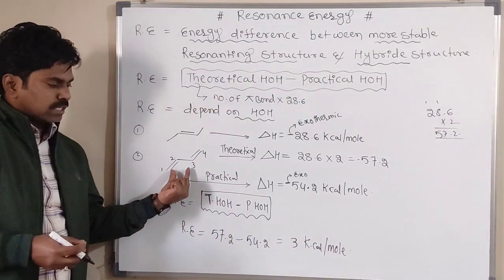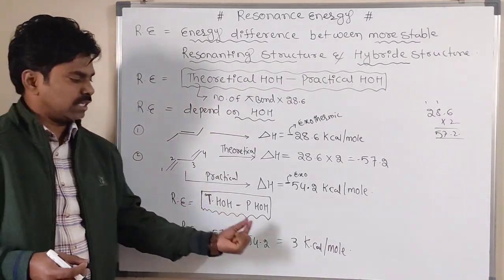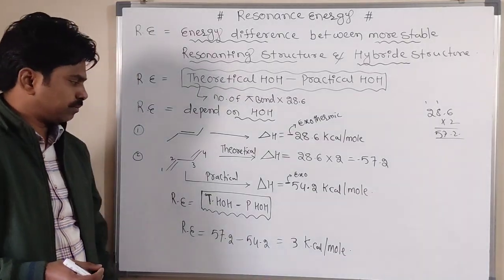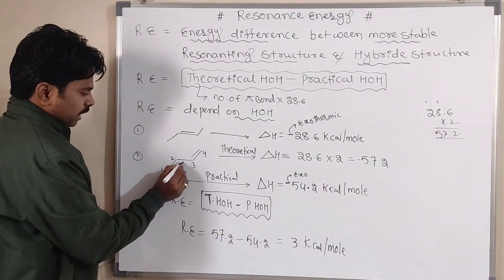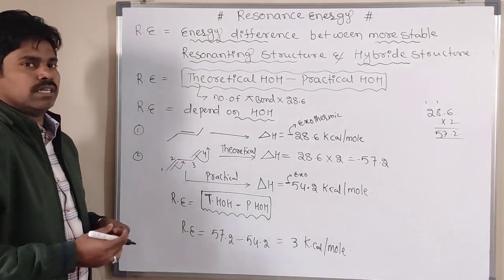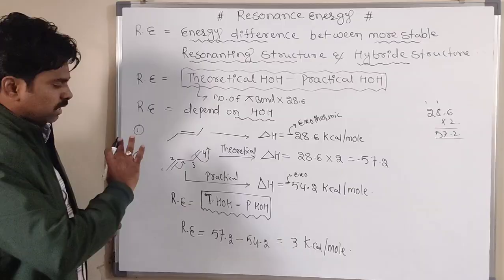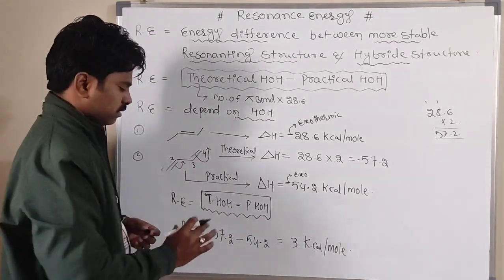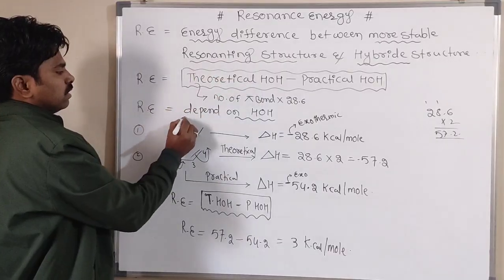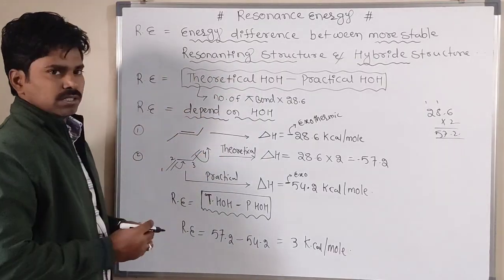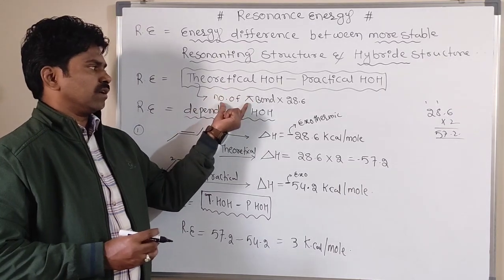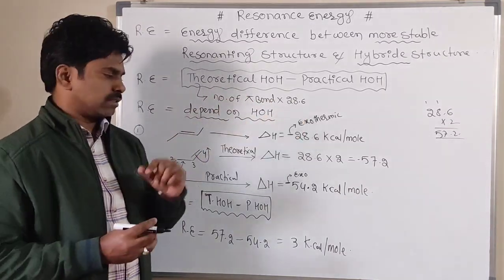For this resonance energy, how much are we getting? 3 kilocalorie per mole. So when the pi electrons are moving like that, their energy also releases. That energy is called the resonance energy. So resonance energy depends on the heat of hydrogenation. Theoretical means number of pi bonds multiplied with the 28.6.